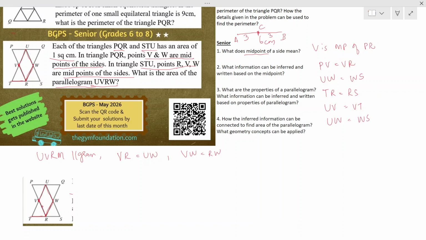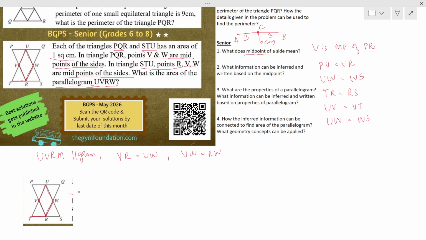PV and VR are the same, and VR and UW are the same because of the parallelogram. And then also UW and WS are the same. If we map colors to the sides that are the same, you can see that the sides VR, UW, PV, WS are all the same.